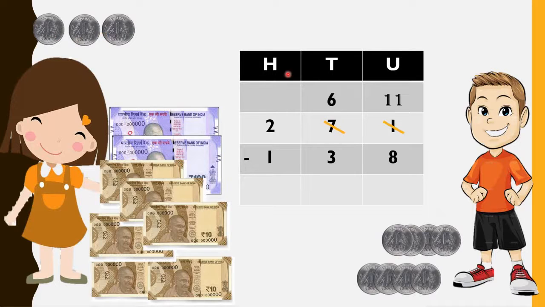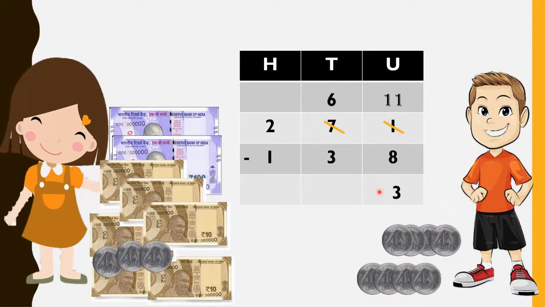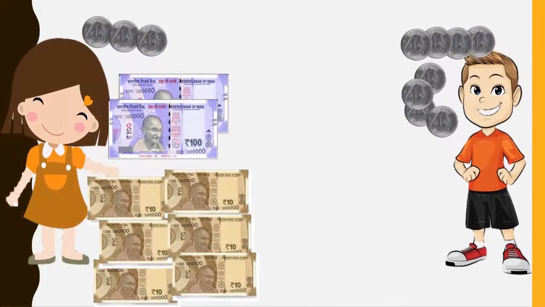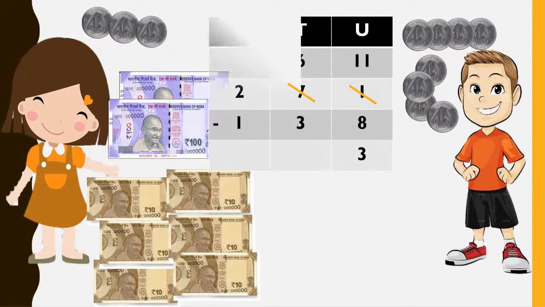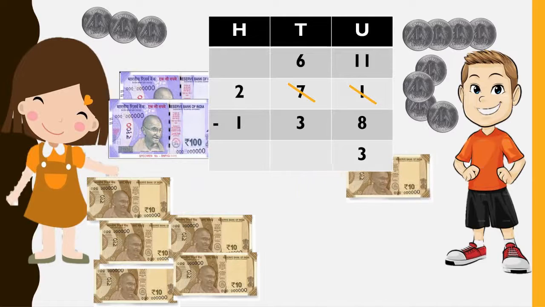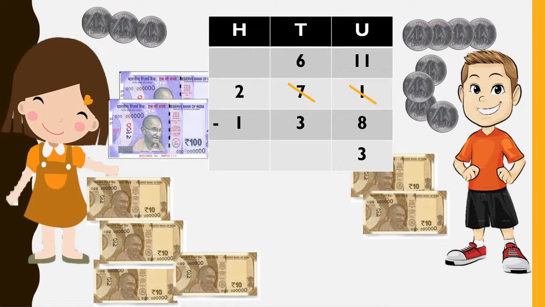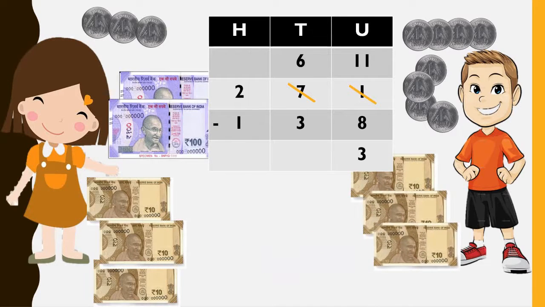So the girl is left with 3 rupees. Okay. So 6 minus 3. 1, 2 and 3. So how many are left with the girl? 3 notes.